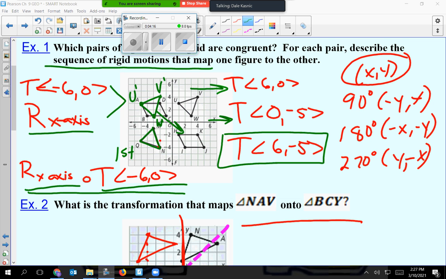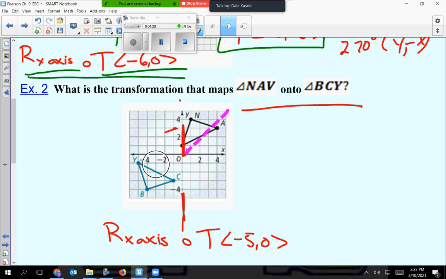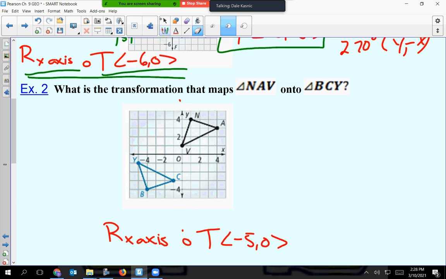Okay, so then we come down to here, and what we had here is that we had to be able to reflect. And this one, they actually gave me a pretty clear idea of where I go, what I needed to do. So they tell me to go ahead and map NAV onto BCY.